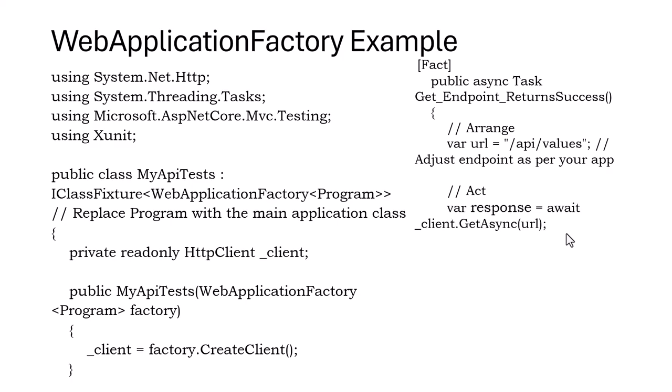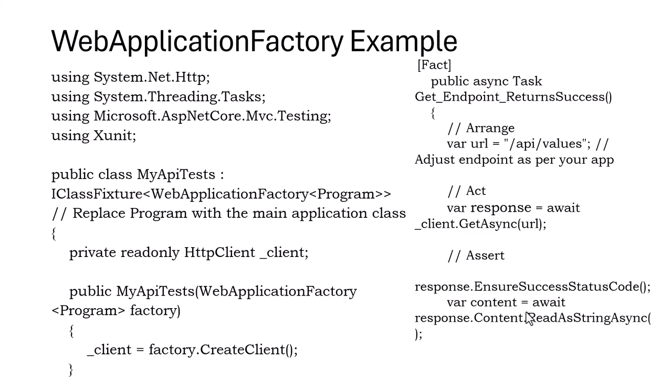We will call that in due course of time. Var response = await client.GetAsync(url) using this HttpClient, and assert response.EnsureSuccessStatusCode, and then content is await response.Content.ReadAsStringAsync. So we put it in the content variable and then Assert.NotNull(content). If the content is not null, the test will pass.